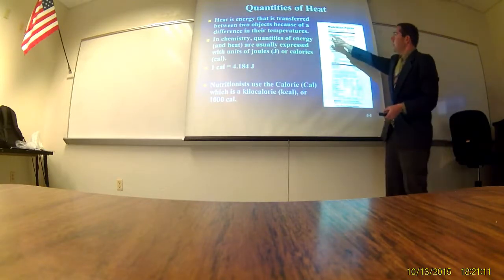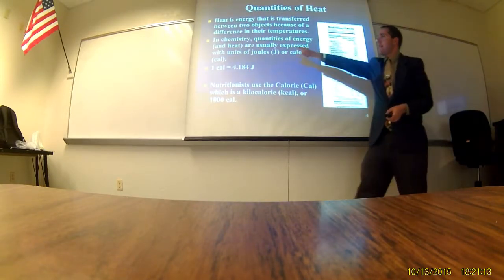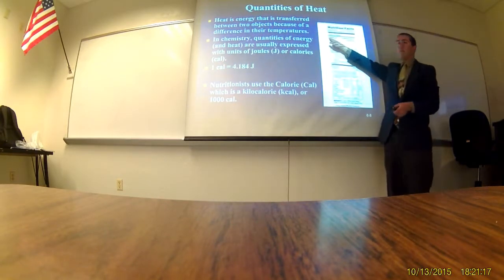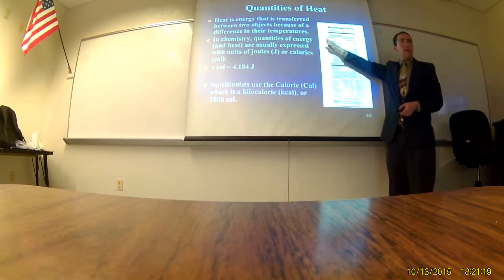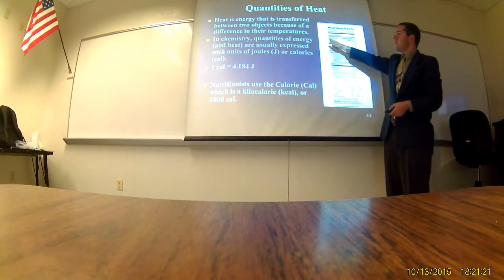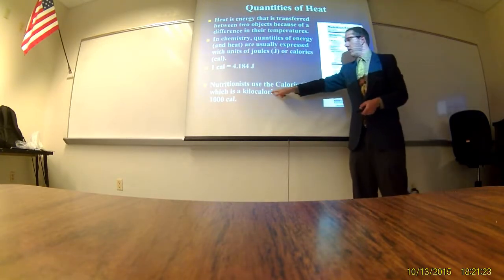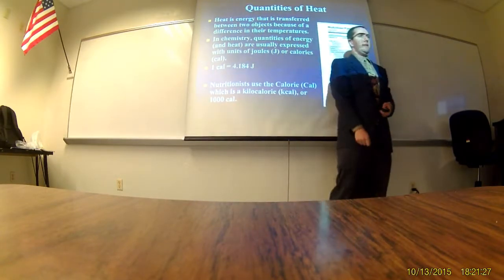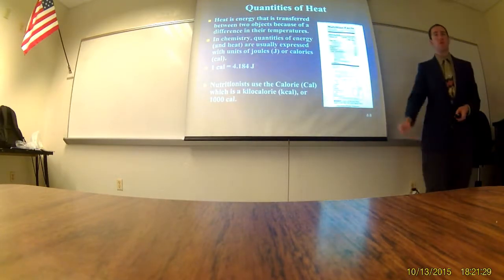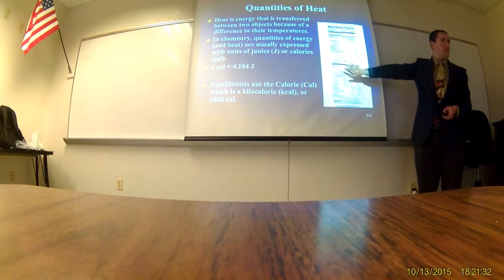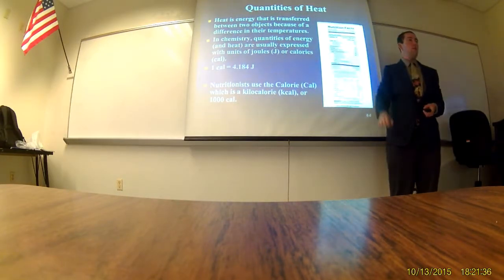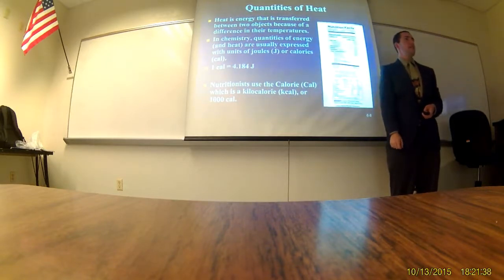But these calories are not these calories. These calories have a capital C. Calorie with a capital C is a kilocalorie, or 1,000 calories with a lowercase c. Blame nutritionists, not chemists. They took our word and made it their own by putting a capital on it and thought that made sense.